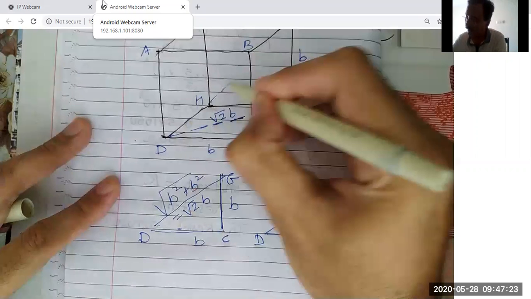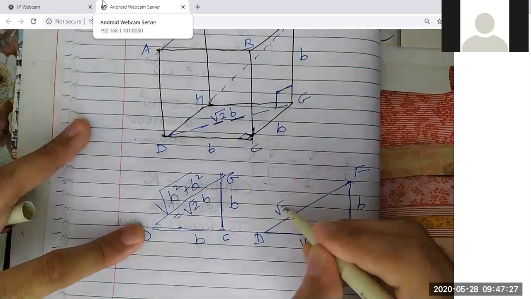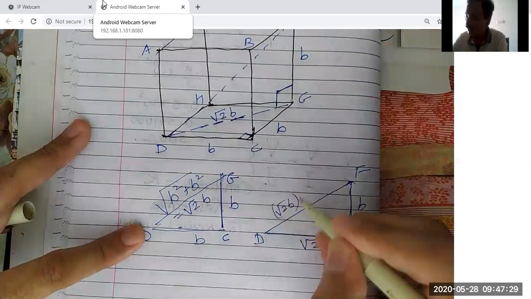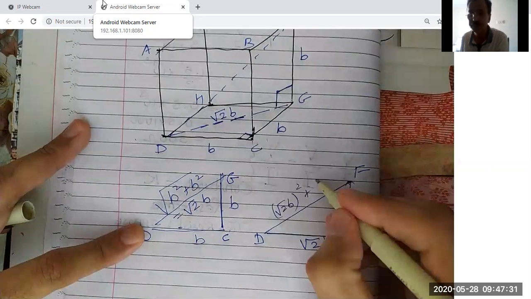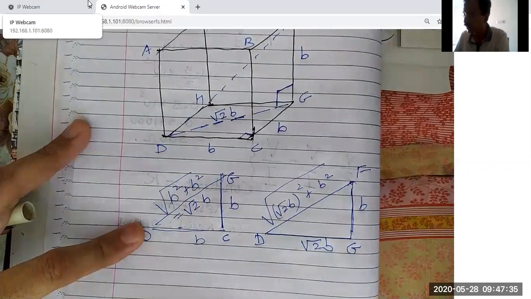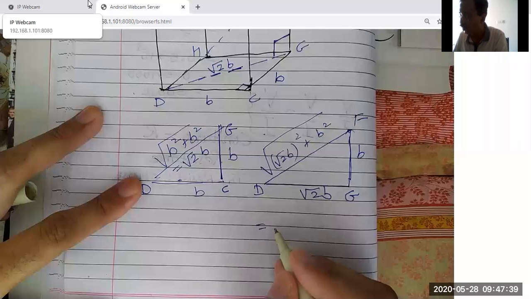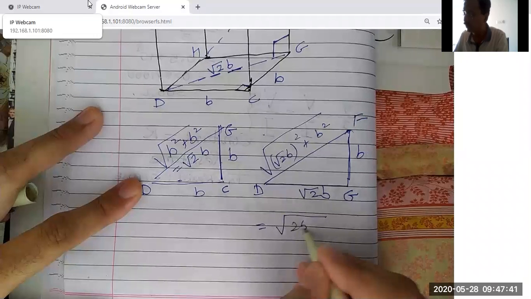It's going to be root of 2B square plus B square. That is root of 2B square plus B square.